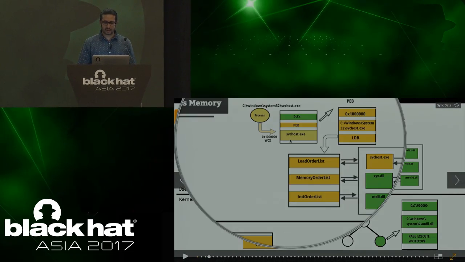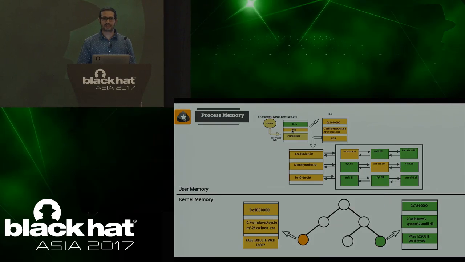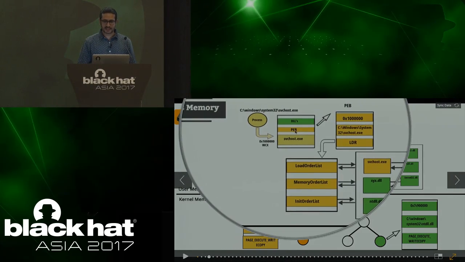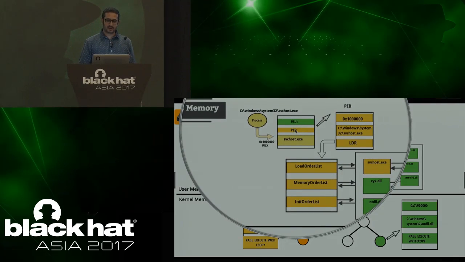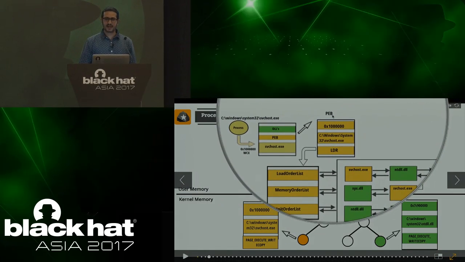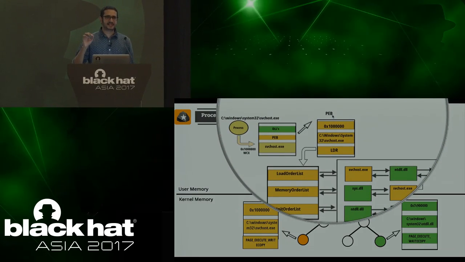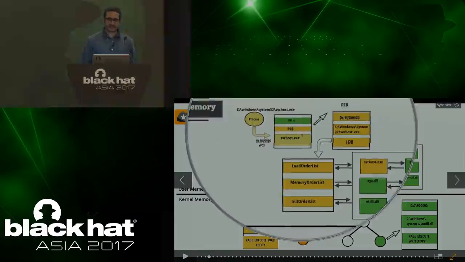Apart from the executable, the DLLs that the process relies on are also loaded into the memory. And there is one important structure that resides in the process memory called the PEB, the process environment block, which is represented here. This process environment block contains metadata related to the process.